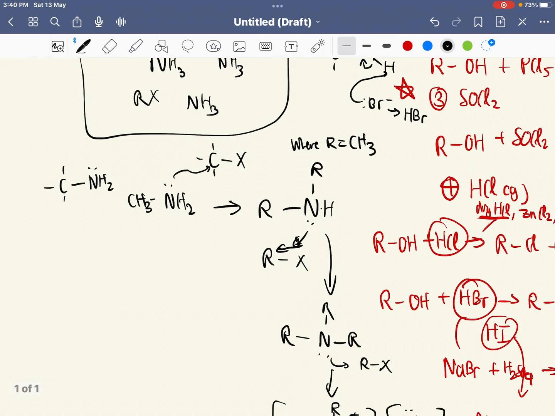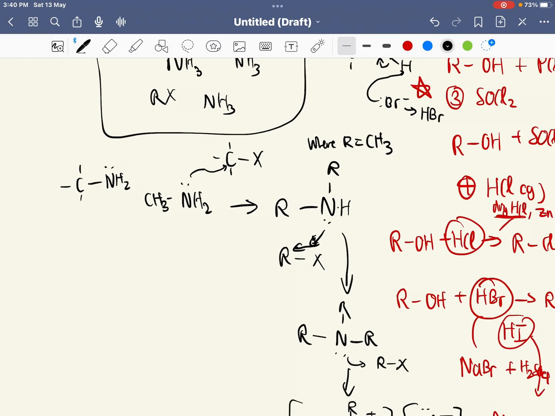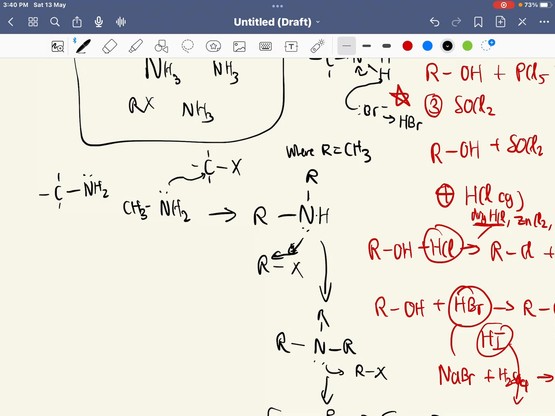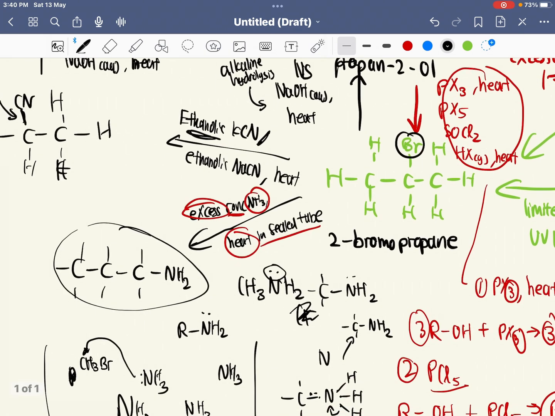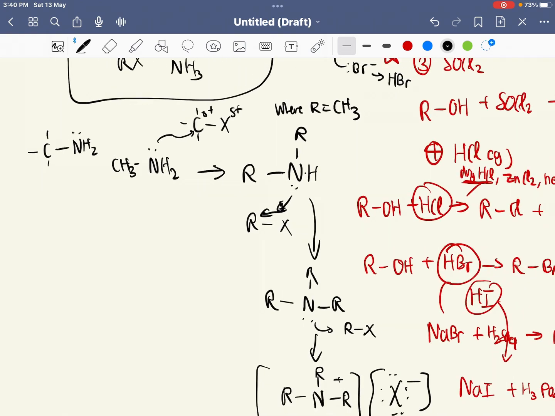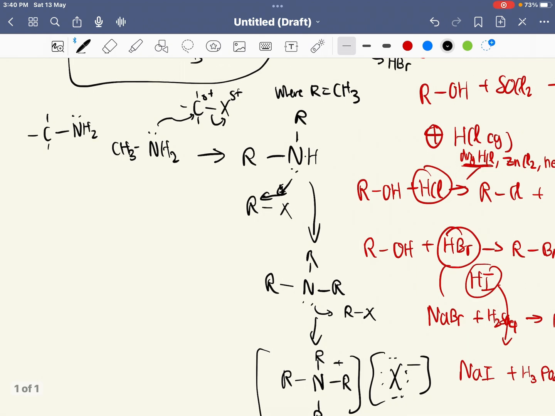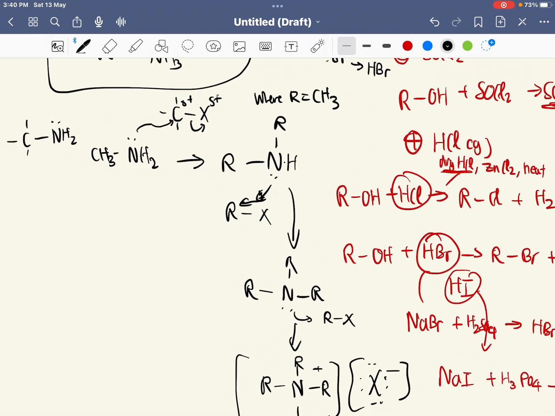Okay, so what happens here is that our lone pair of electrons on N will be attacking the electron deficient carbon here. So that happens, and then our bond breaks heterolytically, and it gives our halogen that additional electron, forming a halide ion. Yep.